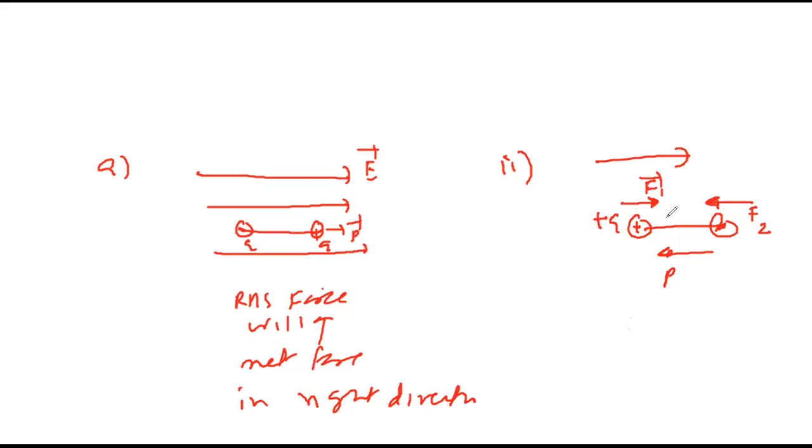So anti-parallel means this one will be greater, so F2 will be greater than F1. This is the meaning. So when E is increasing in the direction of field, net force is in the right direction. When E is anti-parallel, net force will be in the left direction. Because on the right side it is increasing, but direction of force is opposite or negative. So here increasing field, so here increasing force.